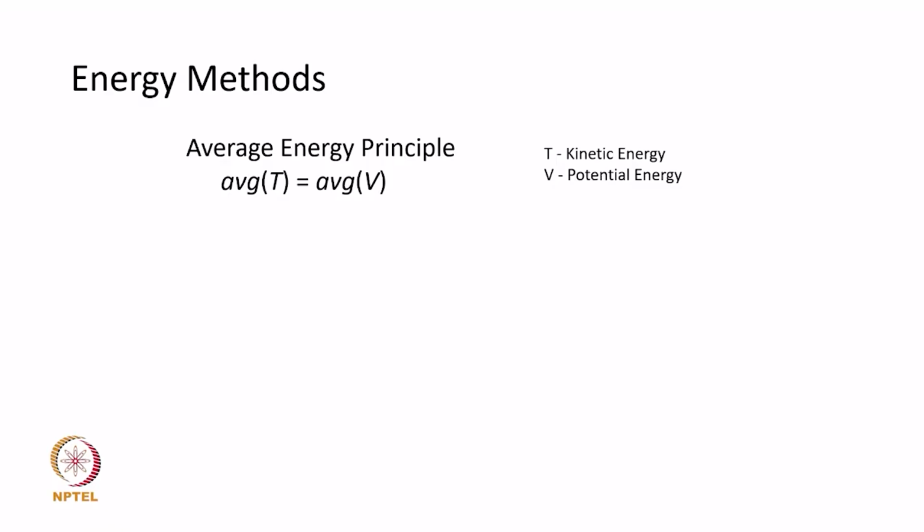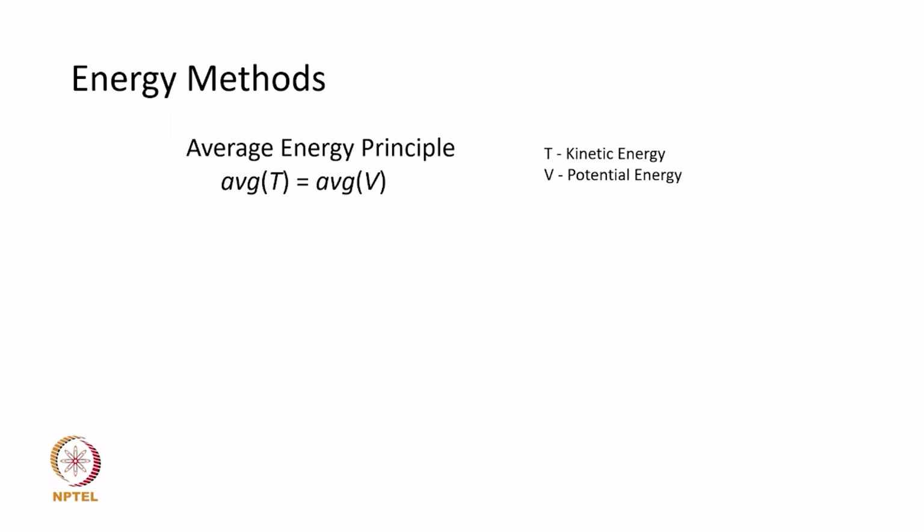The first approach is, once we identify the total kinetic energy and the total potential energy of the system, the average energy principle, wherein the average kinetic energy and average potential energy of a vibratory system are equated.